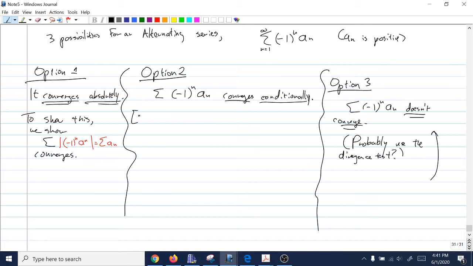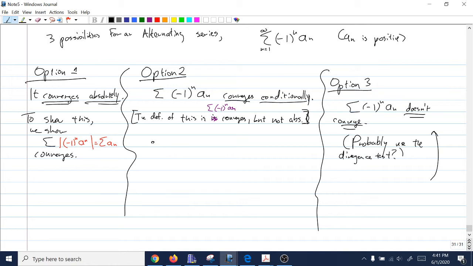That's what we have to show. The definition is that the sum of (-1)^n a_n converges, but not absolutely.